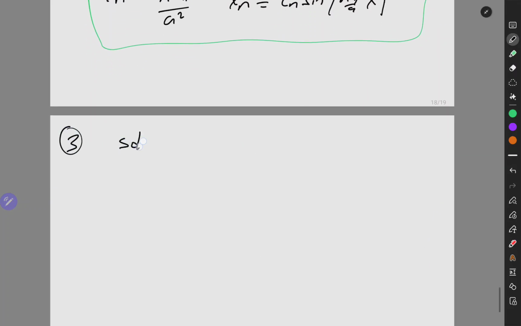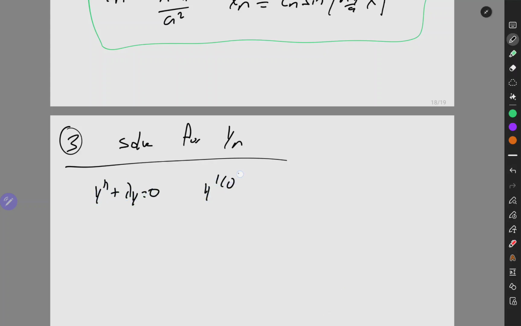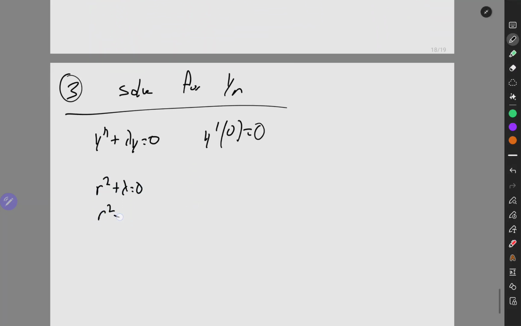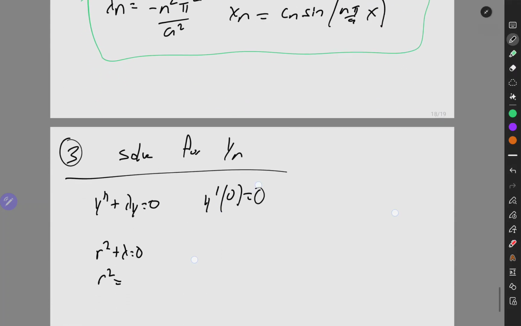Step 3. Solve for y sub n. Right, that's what we were given. So let's solve the second order equation here. I'm going to plug in for lambda here. It's negative, thank God. Okay.